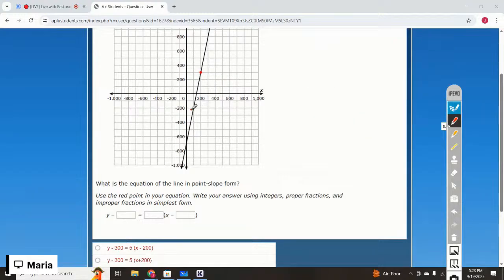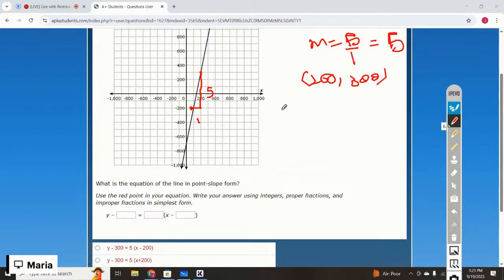This is the first point. 1, 2, 3, 4, 5. 5 over 1. So the slope is 5 by 1. That is 5. And the point is 200 and 300.